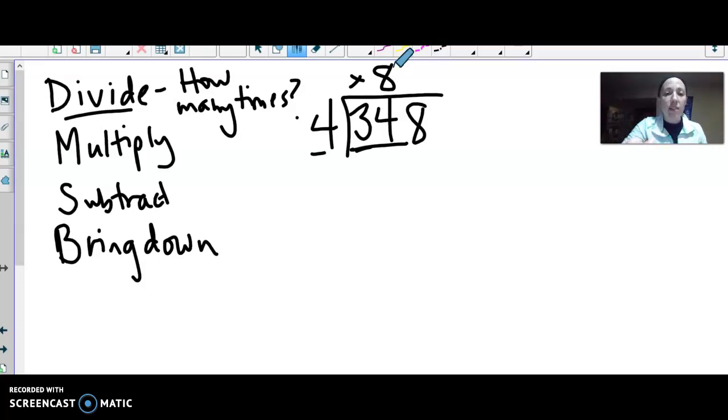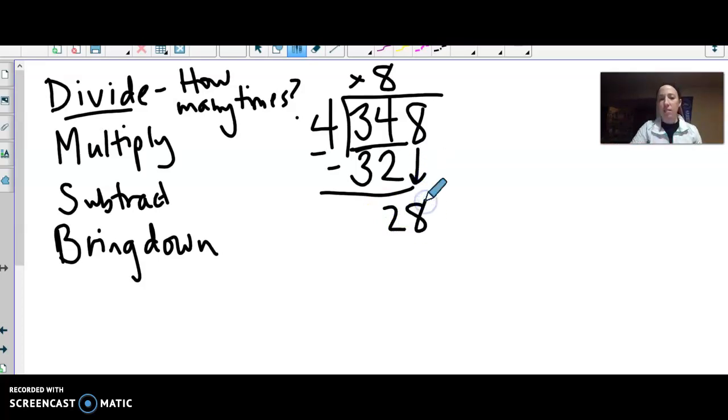Because 8 times 4, now it's my multiplying, 8 times 4 is 32. Now I subtract 34 minus 32, and I get 2. And then I bring down the next digit, which is an 8. Now I ask myself again, how many times does 4 go into 28?